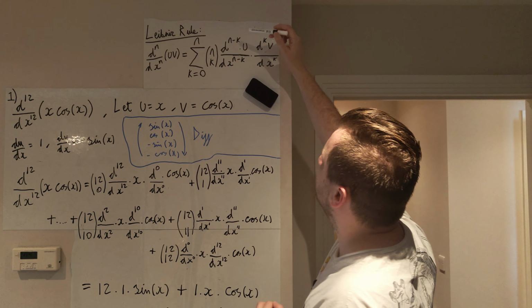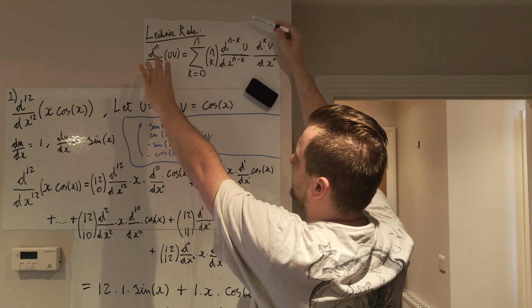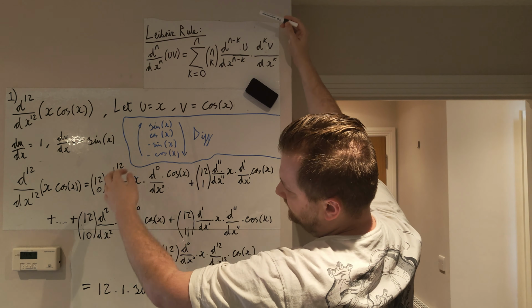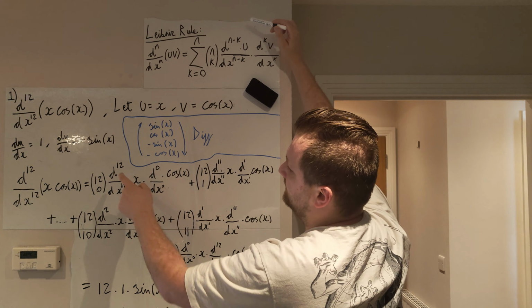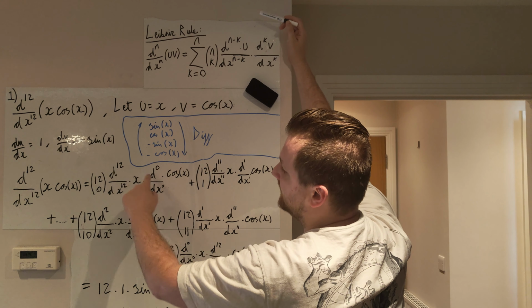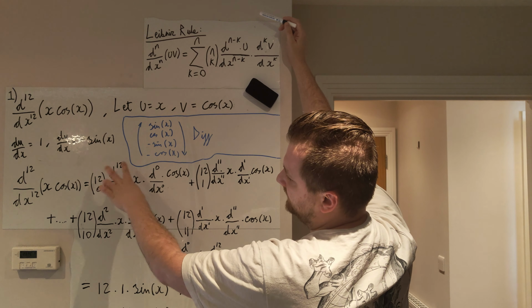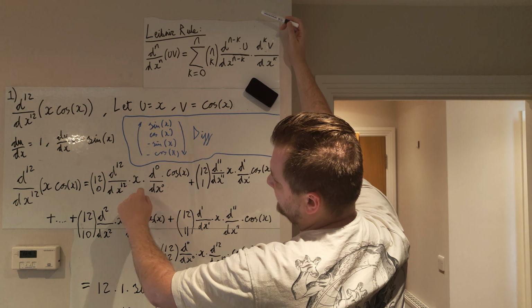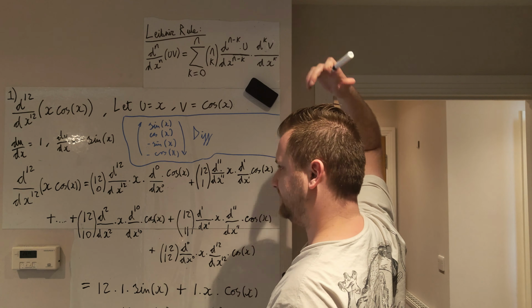For our first term, the n value will stay the same, won't it? Because that's our maximum value in the differentiation sense, how many times you're differentiating. So you have 12 minus k, so it'd be minus 0 because that's k for our first step, and that's n. So d to the power of 12 minus 0 over dx to the power of 12 minus 0 times u, which we've assigned to x.